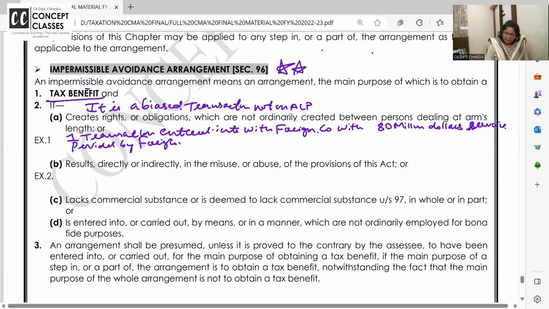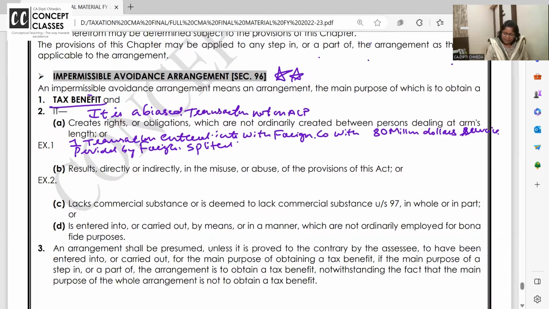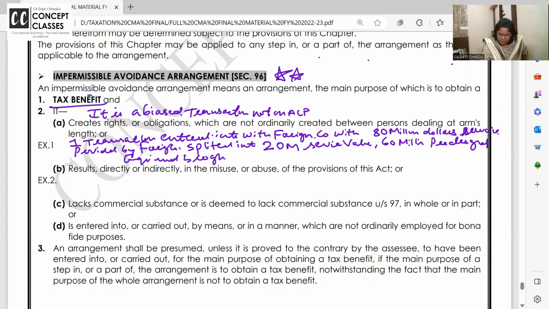Now they are splitted into. अब इसको स्प्लिट कैसे किया, जस्ट आपको बताने के लिए. 20 million सर्विस वैल्यू, 60 million pre-designed equipment brought.